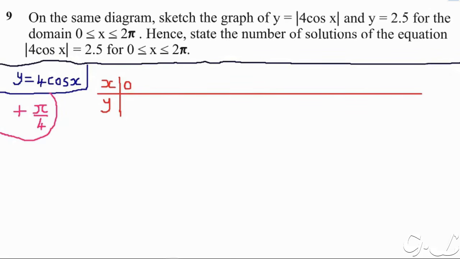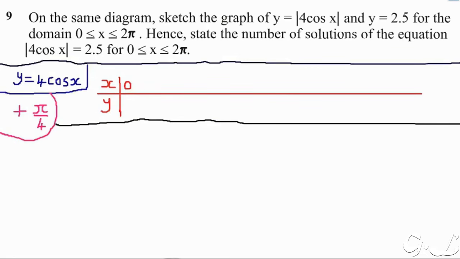So how do we find the y value? The y value can be found by replacing it in the equation which we are given, which is y equals 4 cos x. Where there is x, you replace that value of x.